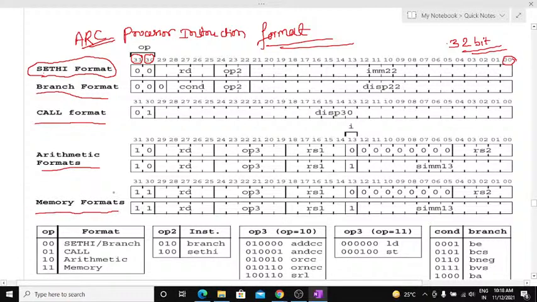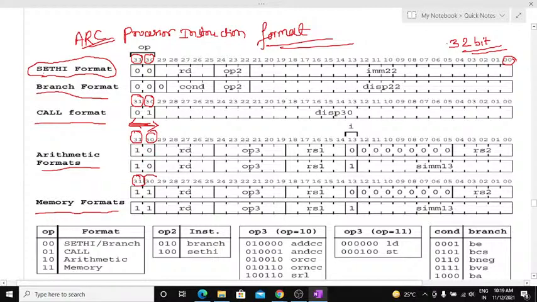So here you can observe that for each instruction there are 2 bits reserved for the OP. OP means opcode, and this OP decides which type of instruction it is. These 2 bits are bits 31 and 30 for all instructions.